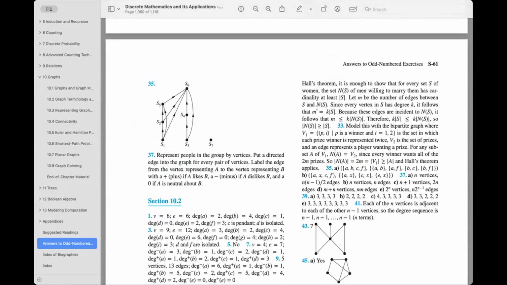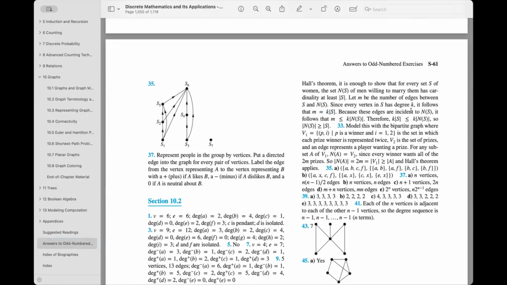Let M be the number of edges between S and the neighborhood of S. Since every vertex in S has degree k, the number of edges M is equal to k|S|.